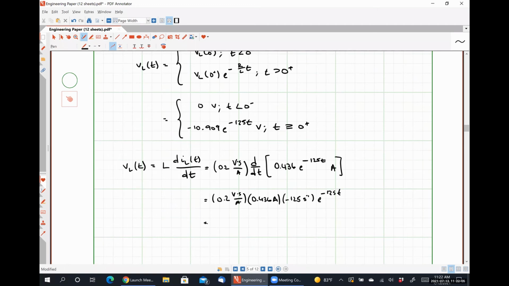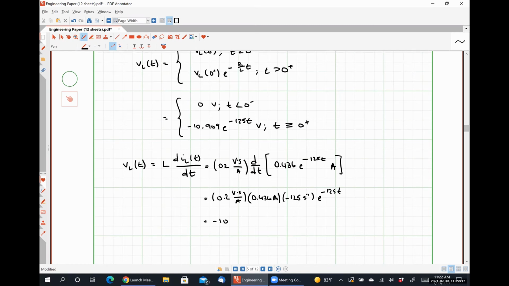So let's multiply these numbers together. 0.2 times 0.436 times negative 125 gives me negative 10.909 e to the minus 125 t. Seconds cancels here, amps cancels here, volts.